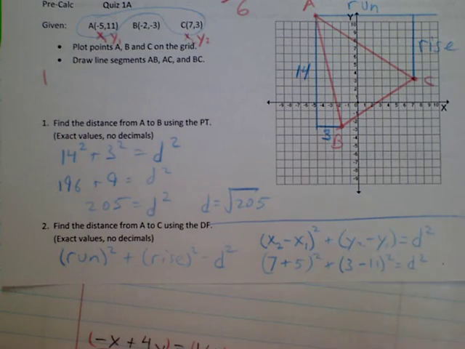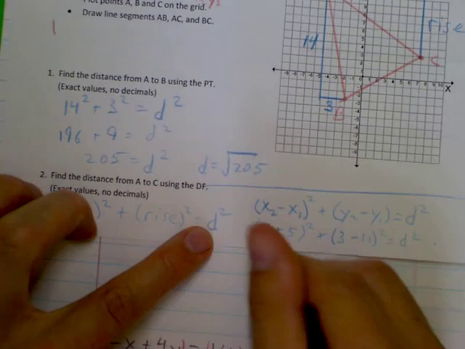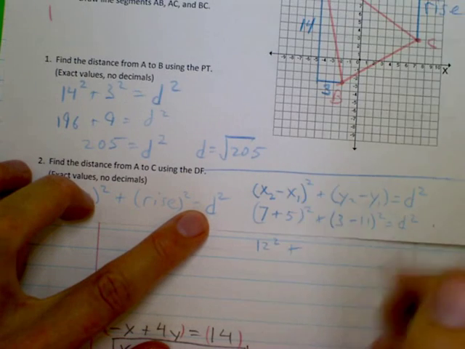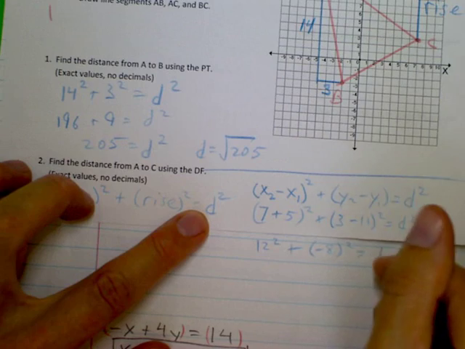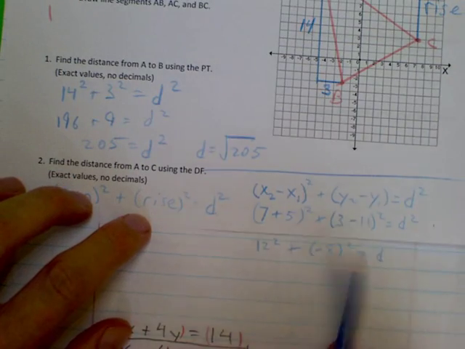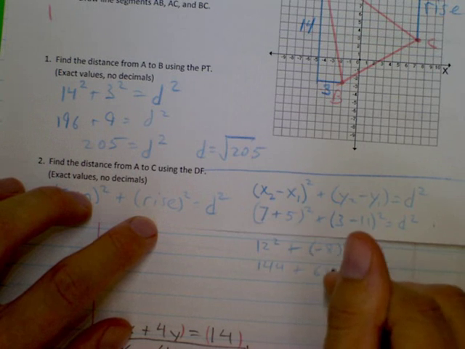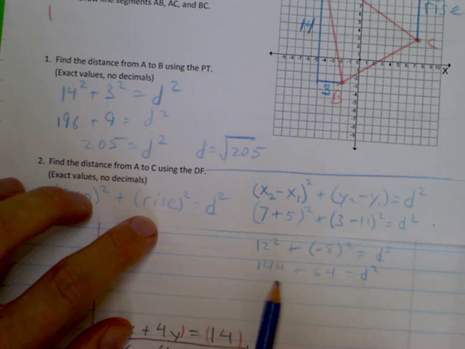Okay. And I'm running out of room, so I'm going to work on this scratch paper here. So that's 12 squared. Can you still see it? Plus negative 8 squared. And from here, it's essentially just like the Pythagorean theorem. So that's 144, and that is 64. And you should have those same numbers regardless of which set of points you're using. So that adds up to 208.